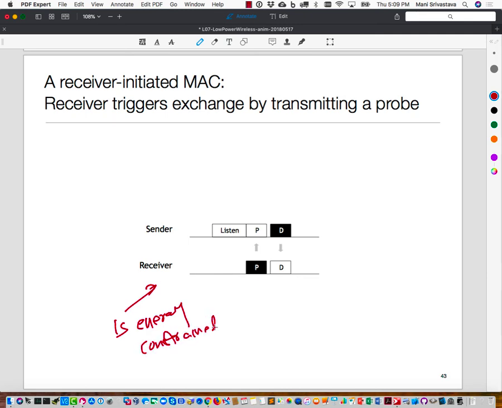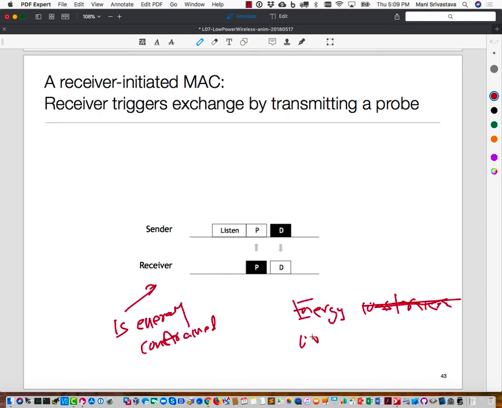So the moral of the story here is that the energy constraint... okay, I don't know what's happening to the laptop, but energy-constrained nodes should be the ones initiating.